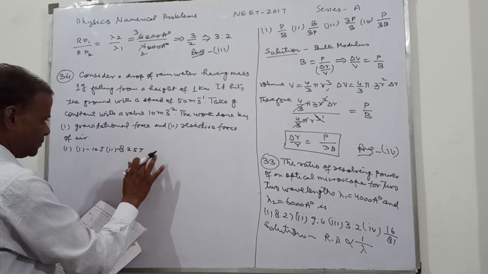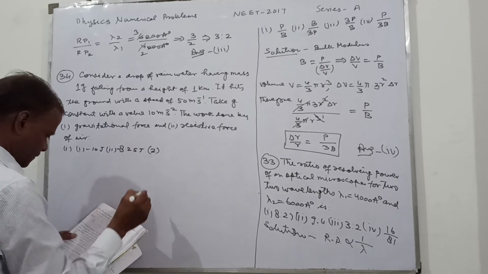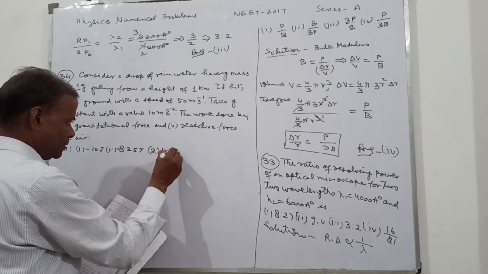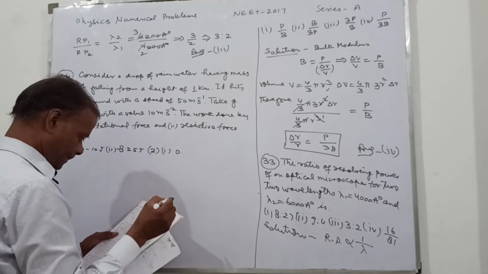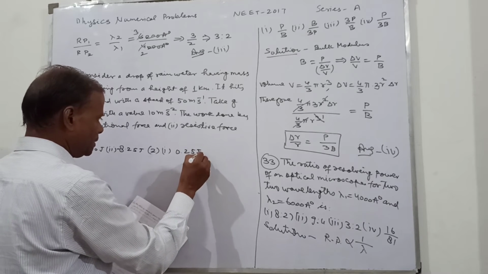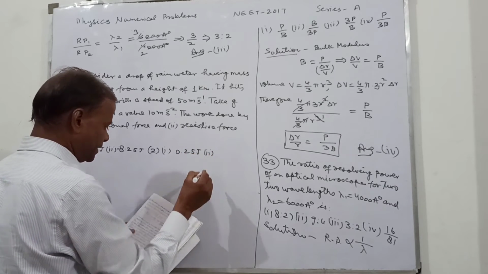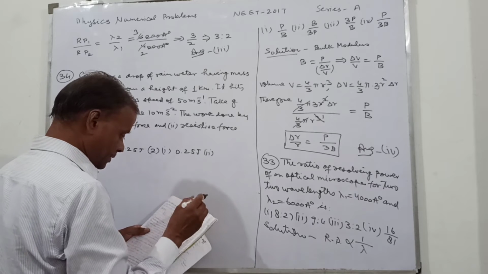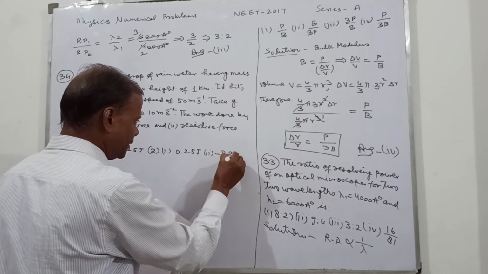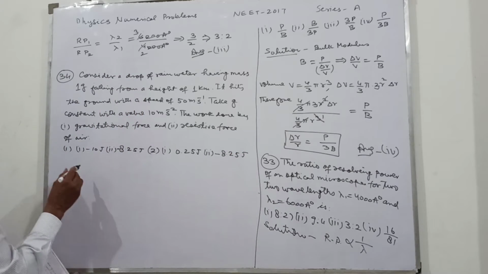Now option number 2: first is 0.25 joule and second is minus 8.25 joule.